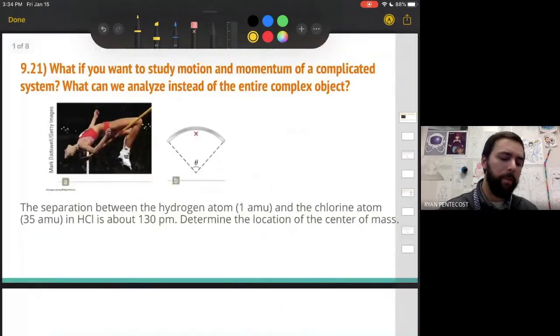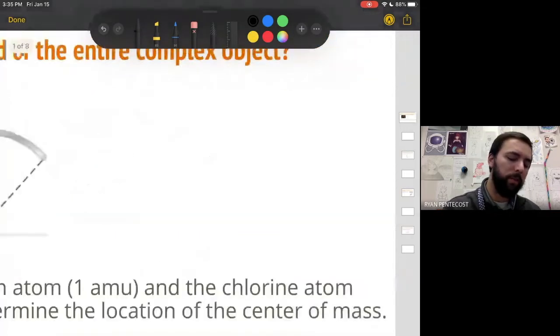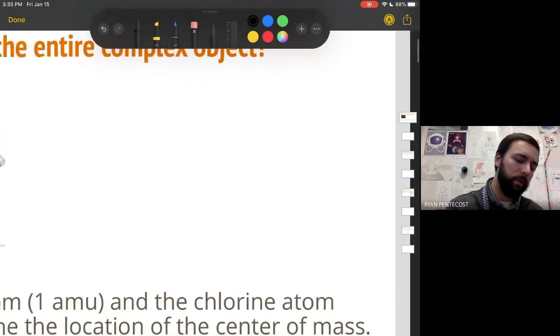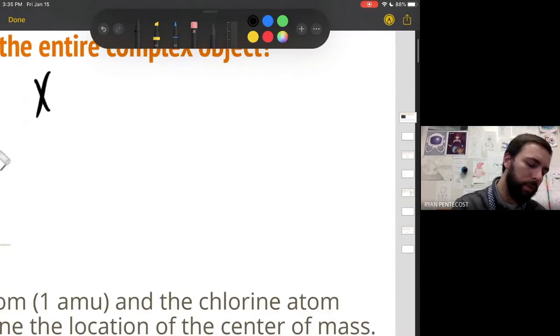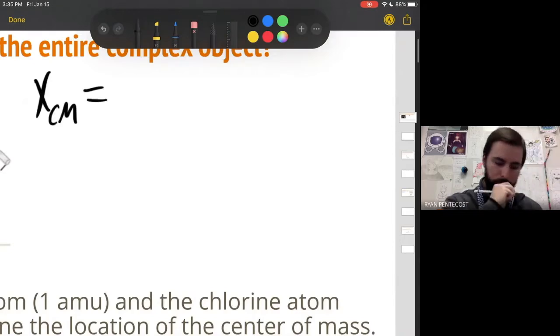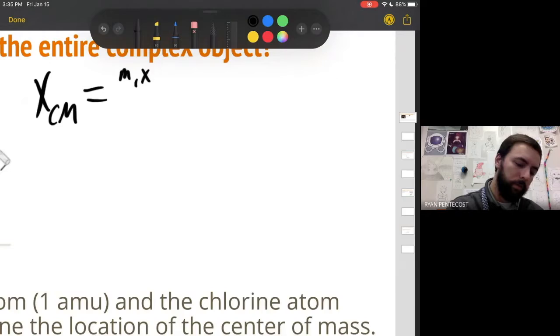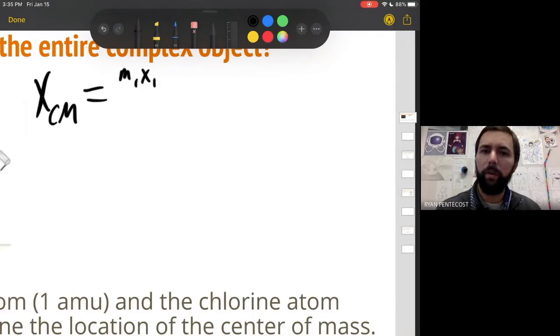So we're going to talk about two different ways to do center of mass. First, a particle method. If you want to use a particle method, you want the center of mass. You would take the mass of the particle times the position of the particle. This is just some distance from whatever you define as 0.